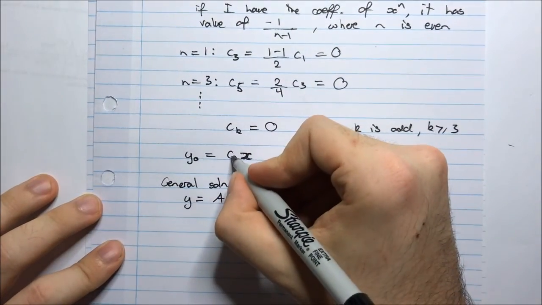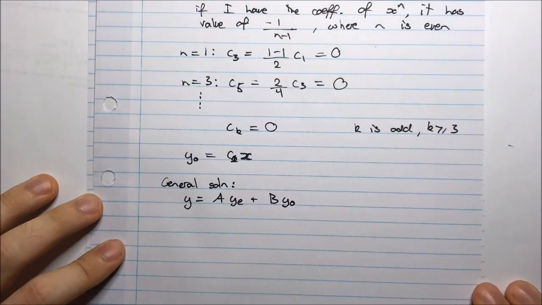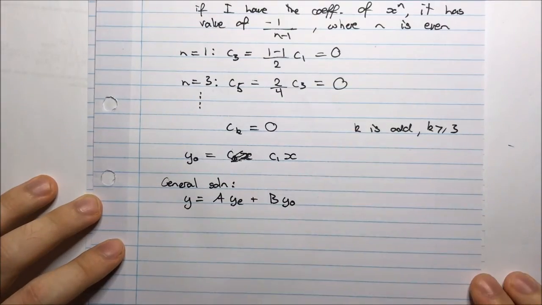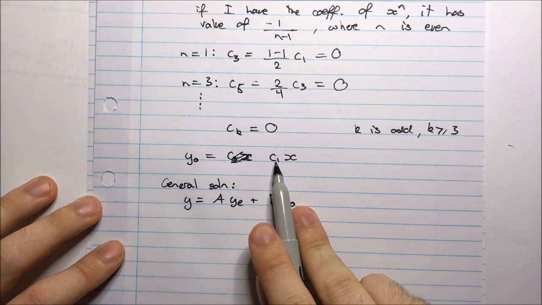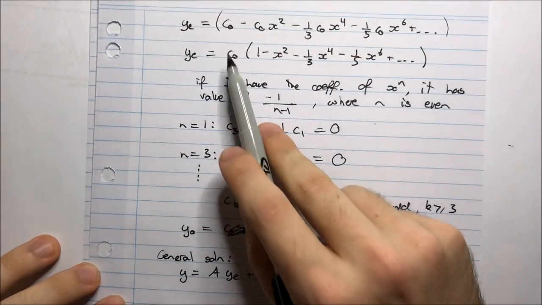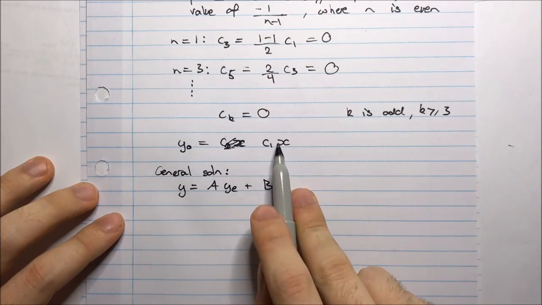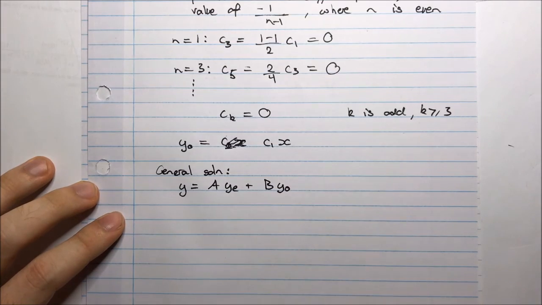Now, this I should have written as C1, not C0. My bad. Let's write it better. C1x. Okay. Now, this is a constant, and C0 is a constant. So these are also constants, so I can just absorb these two constants into a and b.